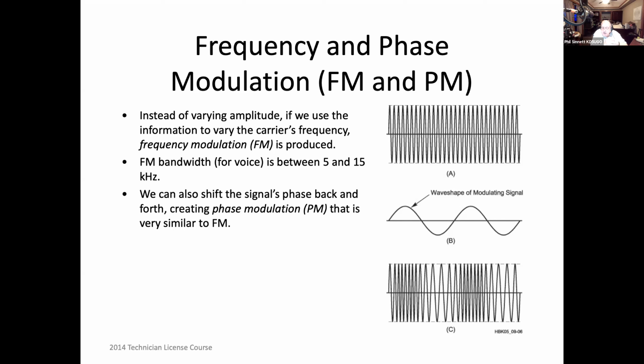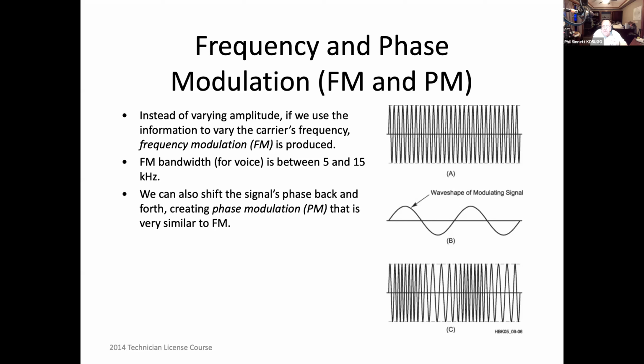That's how much it's changing. And the deviation becomes important later on when you're trying to calculate the bandwidth required to transmit that thing.